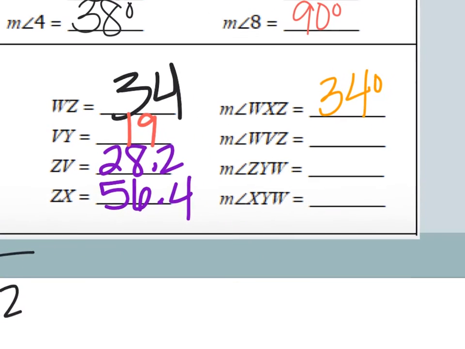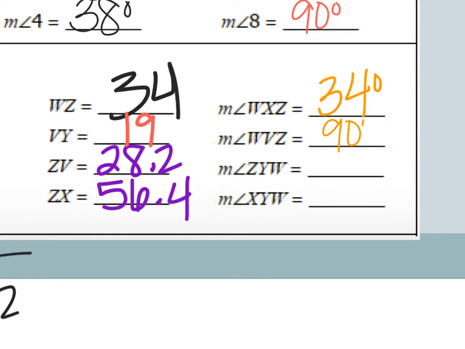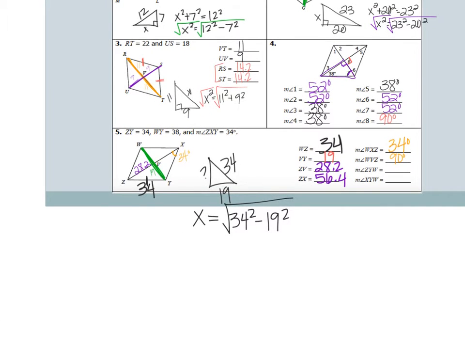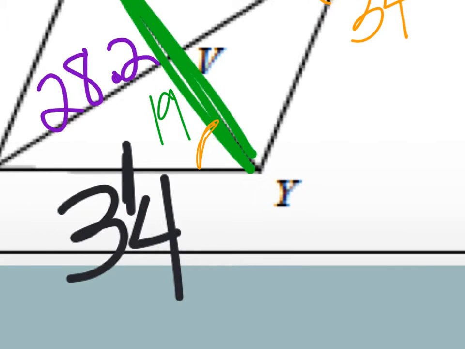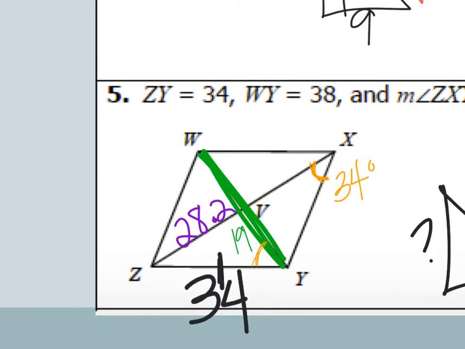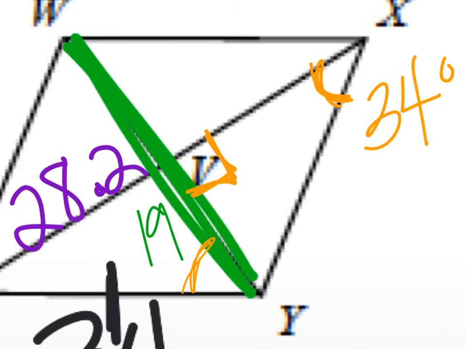WVZ is 90. ZYW is going to be right here. So to solve for that missing angle, we're going to use the fact that that's 90. 180 minus 90 minus 34 is going to give me 56.